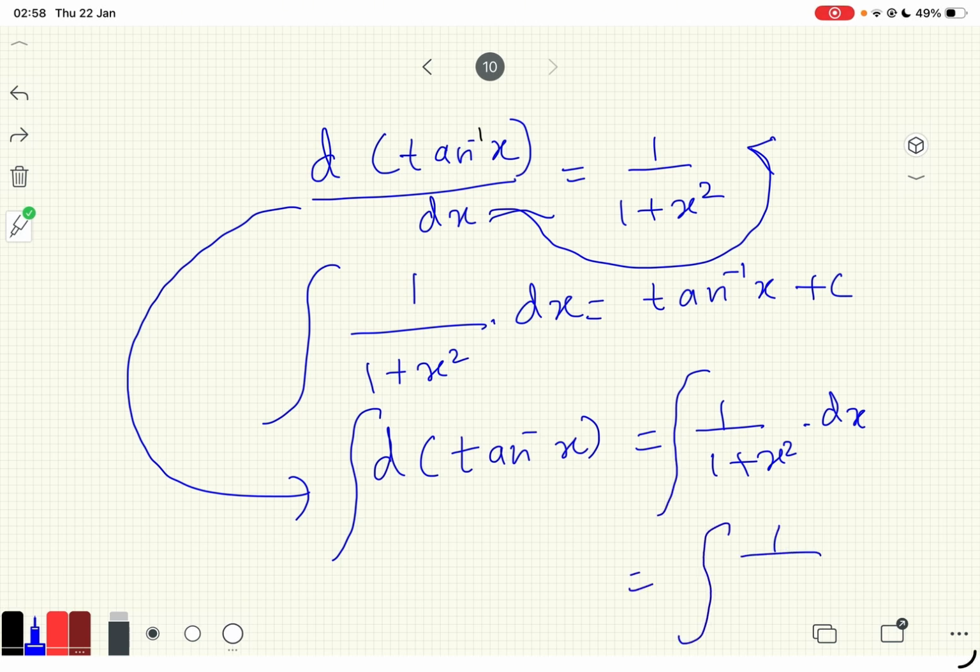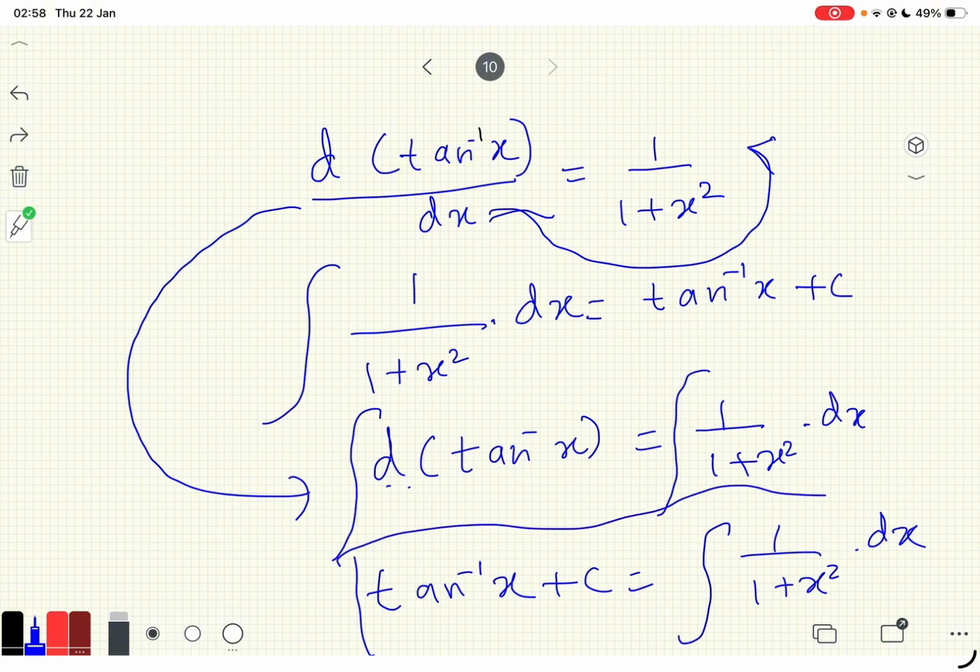Remember, d of arctan x means the small portions of tan inverse x, and if you integrate them, then it would be tan inverse x plus c. That's why we got this form.